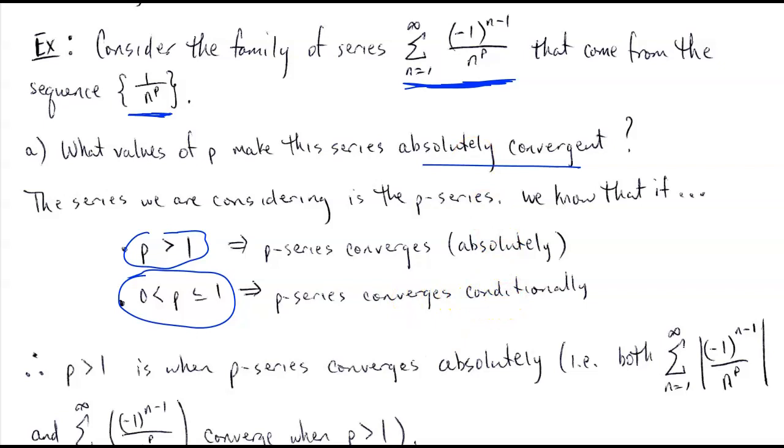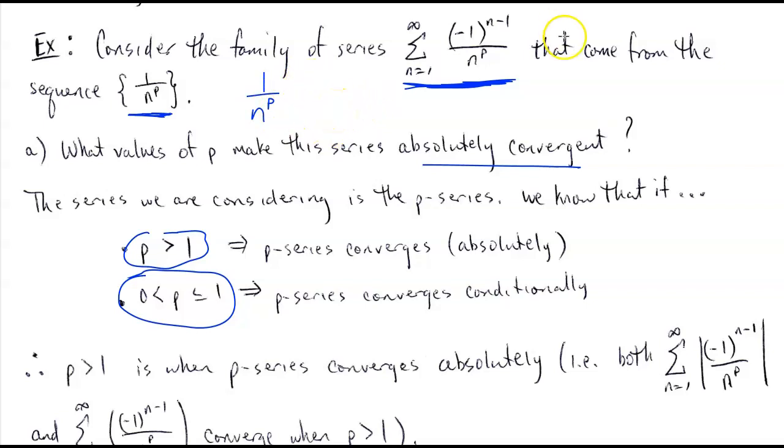And again, the reason for that, if we looked at 1 divided by n raised to the P for these values in between 0 and 1, we would still have 1 divided by some number, and as n got larger, the denominator value would get larger as well.